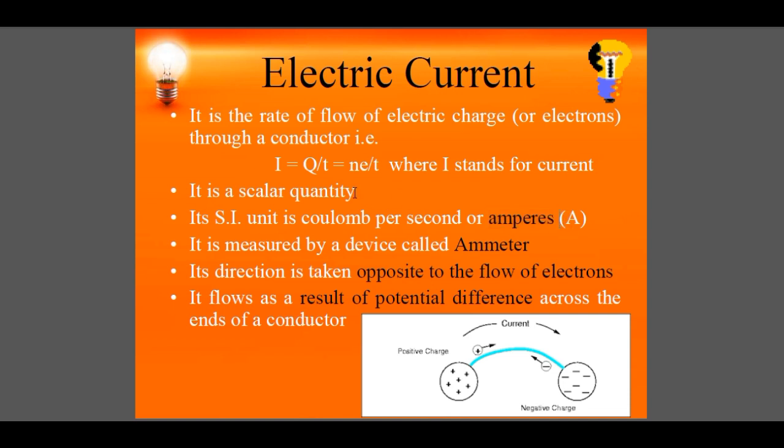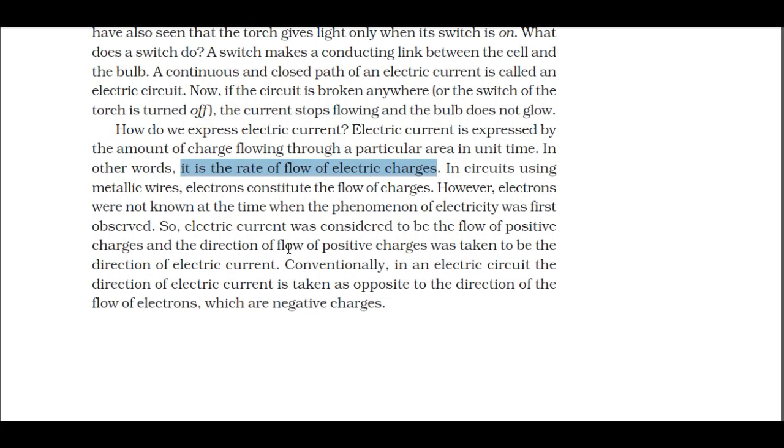Again, it is a scalar quantity, which means there is no direction of electric current. But as given in our NCERT also, conventionally in an electric circuit, the direction of electric current is taken as opposite to the direction of flow of electrons.